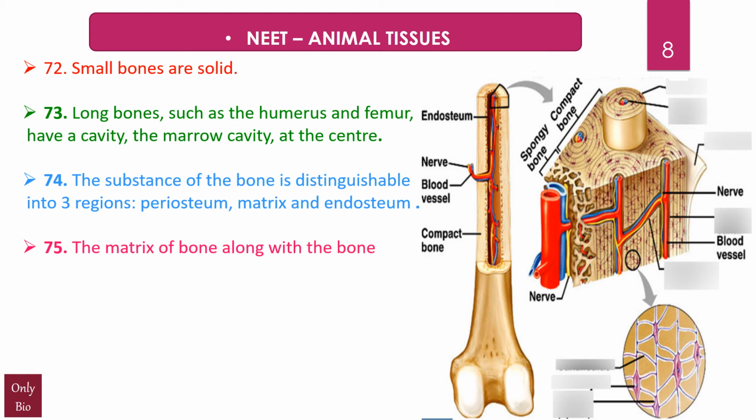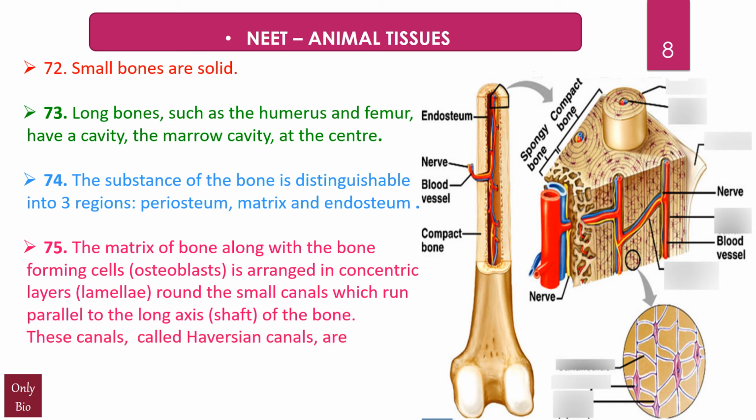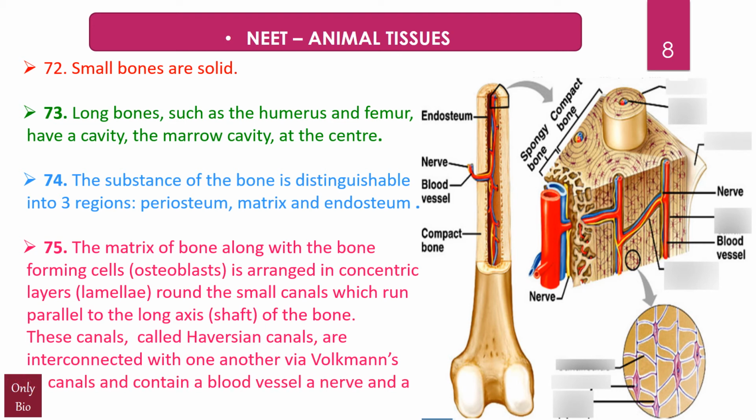Next, the matrix of the bone along with the bone forming cells, that is osteoblasts, is arranged in concentric layers, that is lamellae, around the small canals which run parallel to the long axis, that is shaft of the bone. These canals, called as the Haversian canals, are interconnected with one another via Volkmann's canal and contain a blood vessel, a nerve, and a lymph vessel.